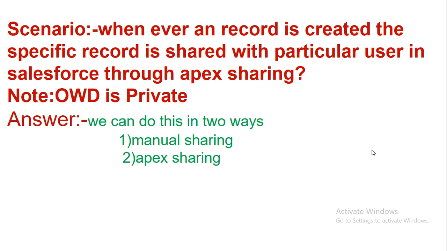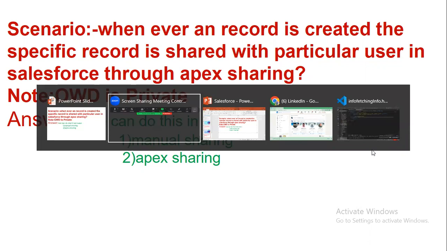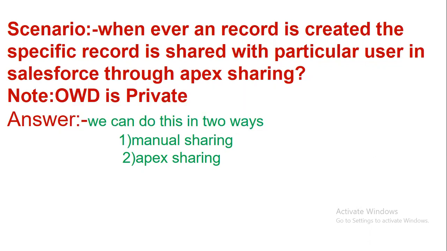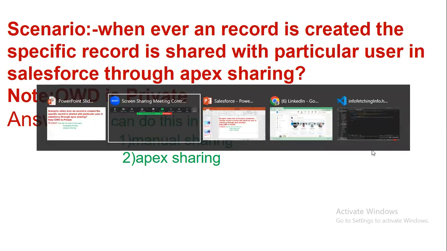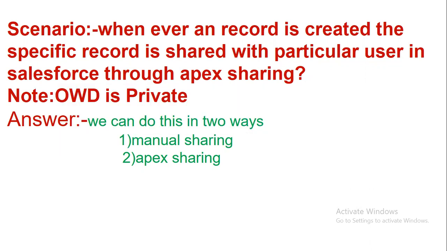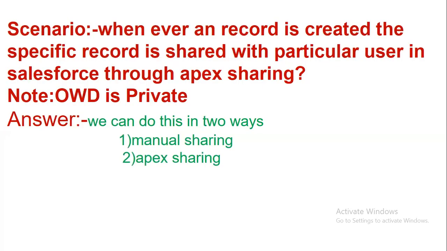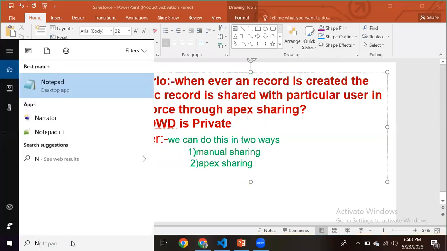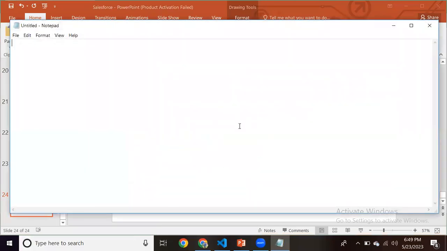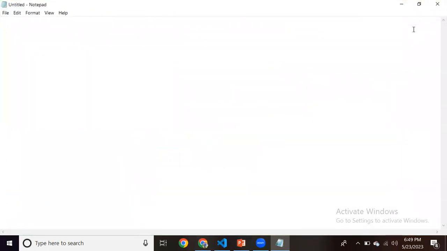Before that, let me open my notepad. In Sales Cloud, we have the Account object, the Contact object, the Opportunity object, the Lead object, and the Case object.